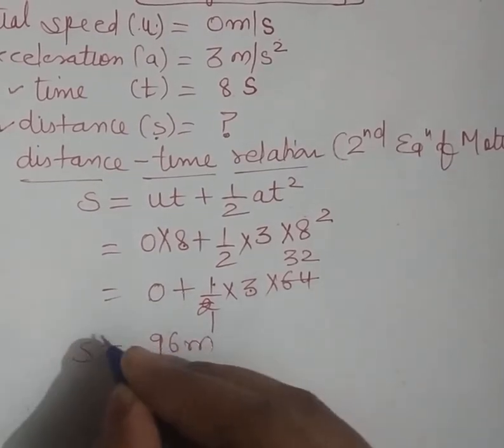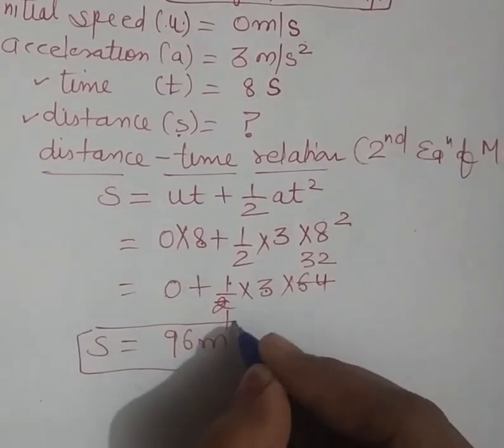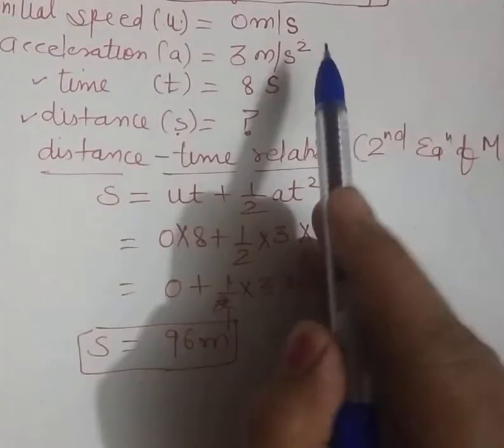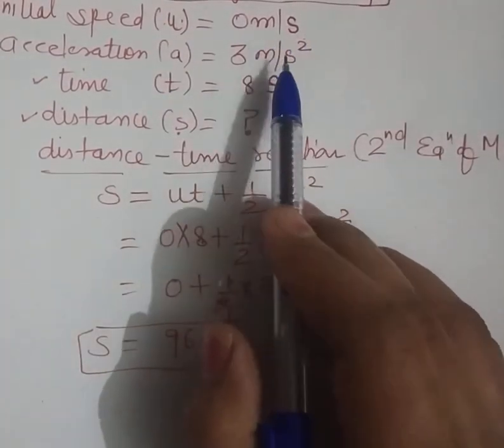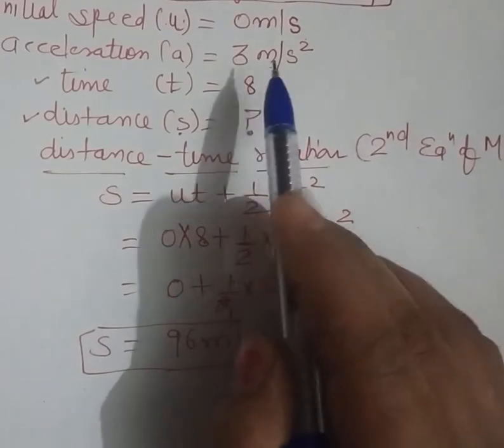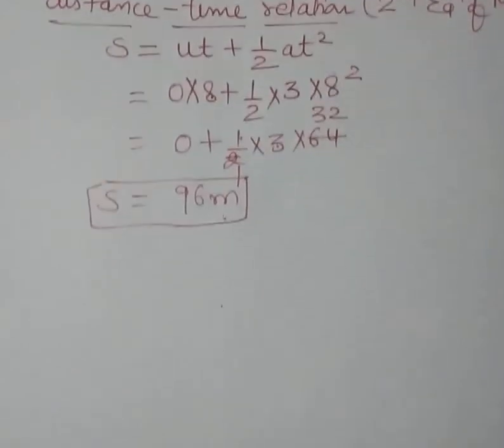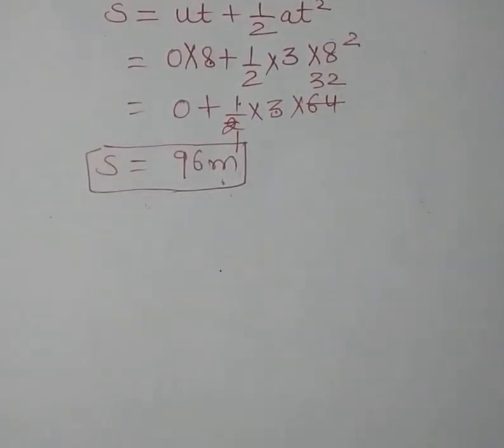So what is the result? 96 meter. So when a boat starts from 0 meter per second and accelerates at this rate, in this time it covers a distance of 96 meter.